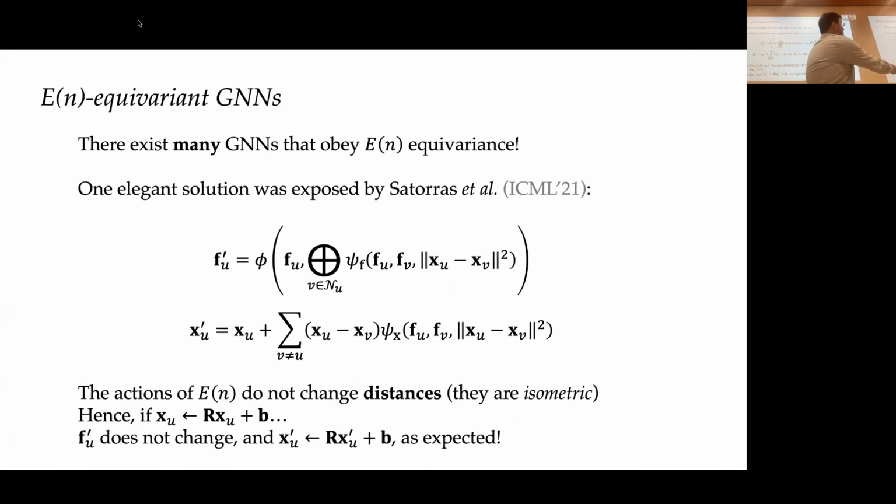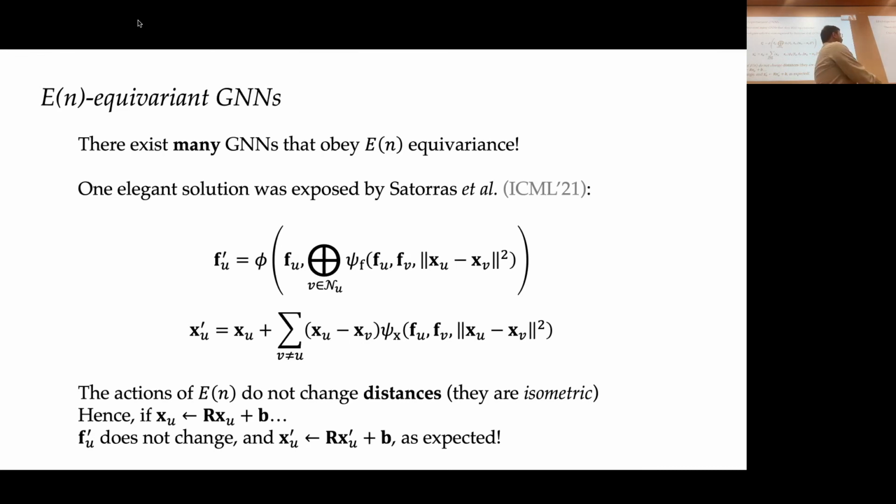What we do instead is we put the distance between the coordinates as an extra input to the message function. Why does this work? Well, if I rotate and translate my molecule, the distances stay the same. It's an isometry, right? So now this message passing equation totally respects the equivariance constraint. That's the main thing we did, right? We just added an extra input, which is the distance between the two nodes.